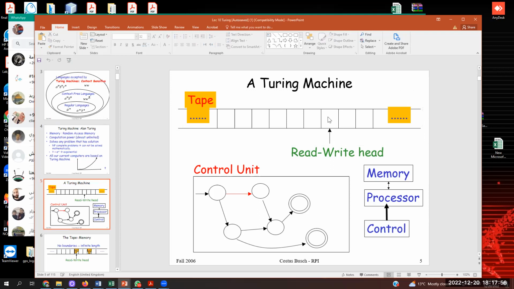If I read this location, let's say I would read X. I will read the value X, and I can write something in its place. Let's say X, I can scratch it and make it Y. So that's the purpose of the read-write head. And I have my state machine like my other automata. This state machine is my control and the processor, and that's my memory. That's basically what it is.